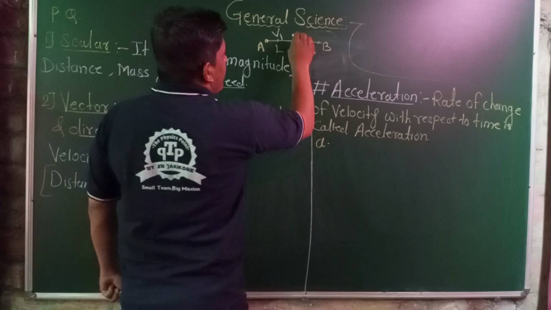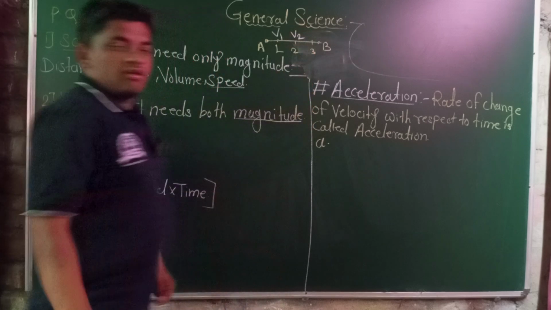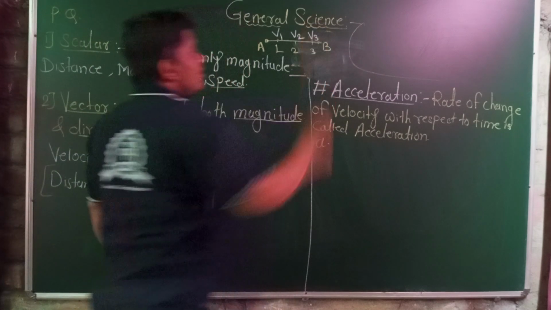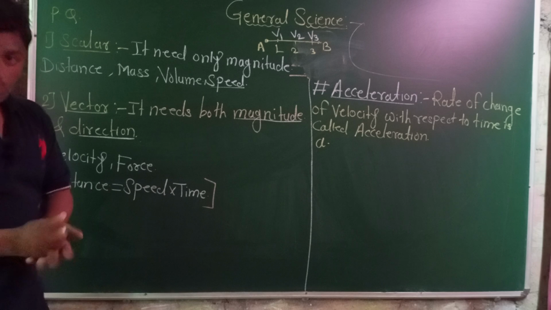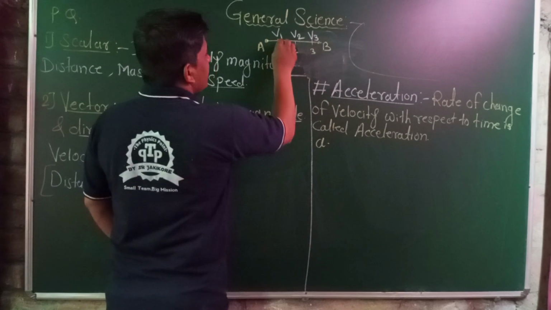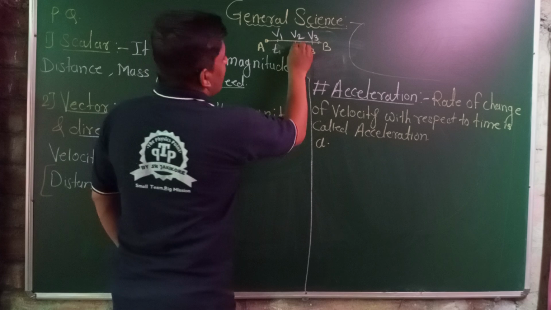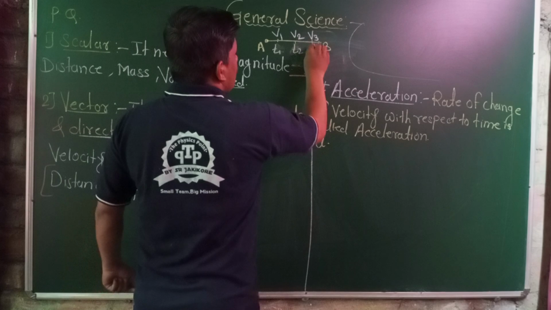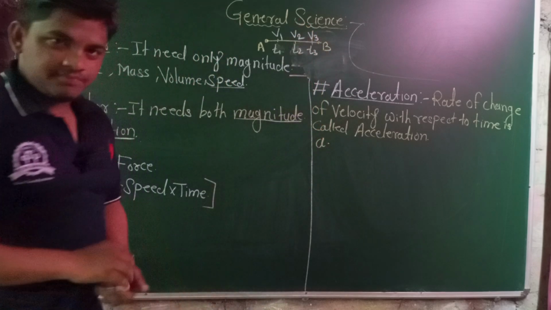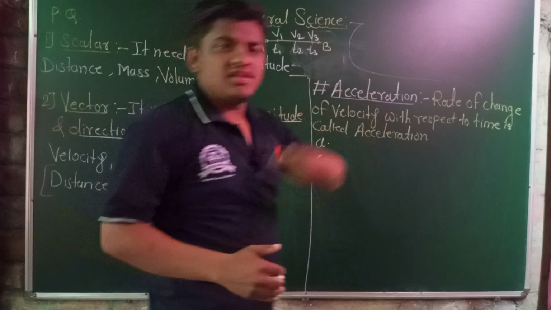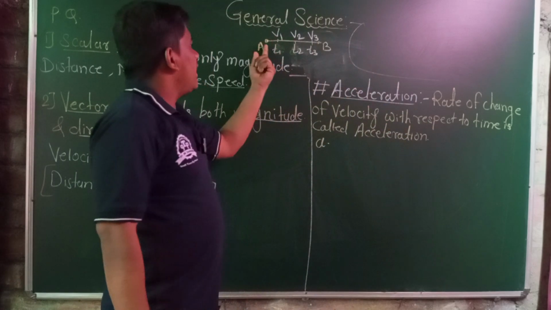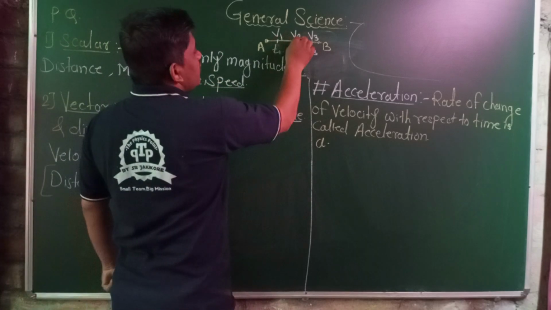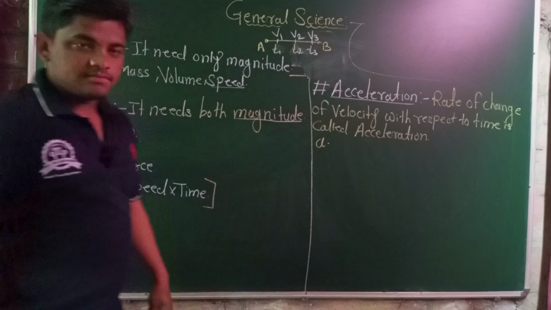The velocity at place 2 of the particular vehicle is V2, and the velocity at place 3 is V3. The time is also measured at place 1, that is T1, at place 2, that is T2, and at place 3, that is T3. It means the velocity continuously changes from point A to point B. I take 3 different readings from the 3 different places.